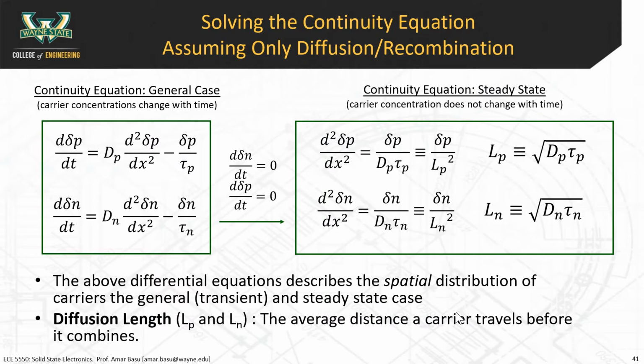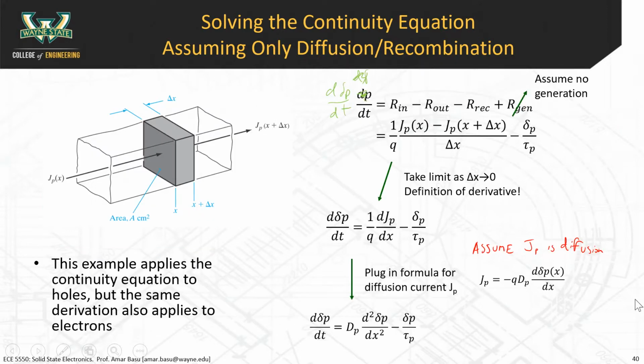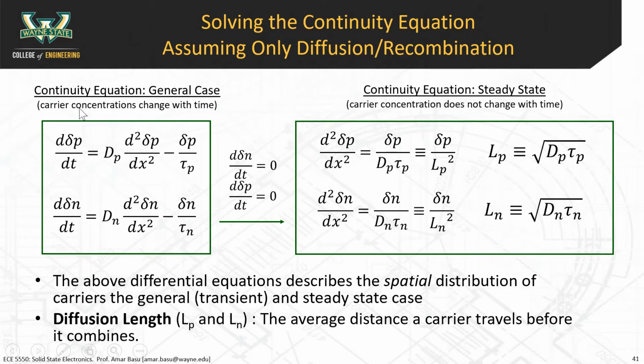This is the continuity equation in the general case and then in the steady state case. So we just took this result here that we got and copied it over here. This is the continuity equation in the general case where carrier concentrations change with time. This is the recombination process that's happening. This process is the difference in current in versus current out. And this is the rate of change in carrier concentration versus time.